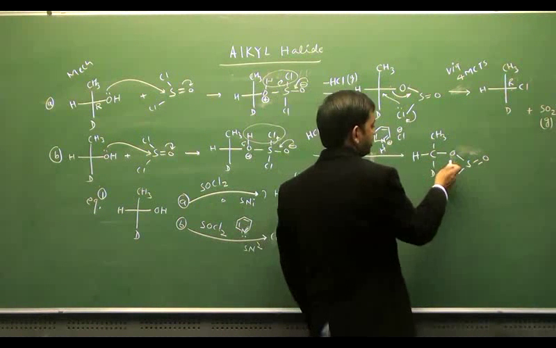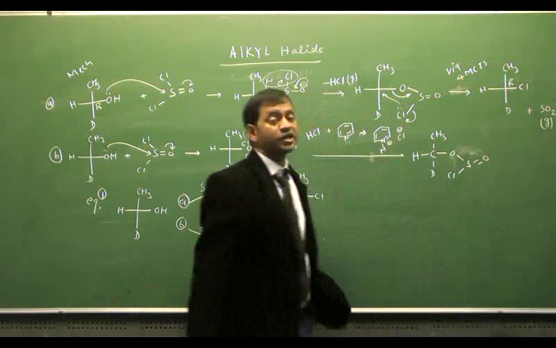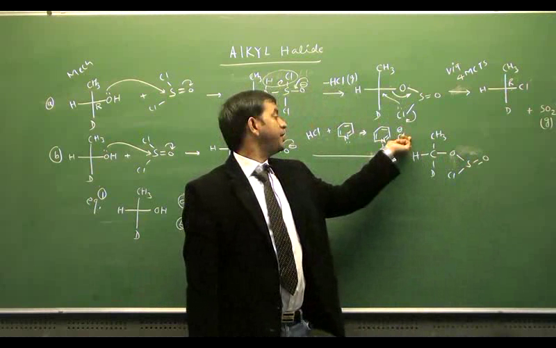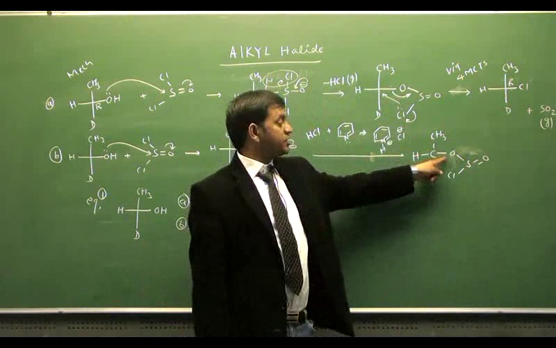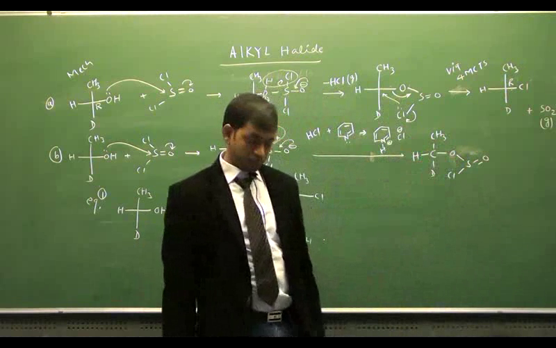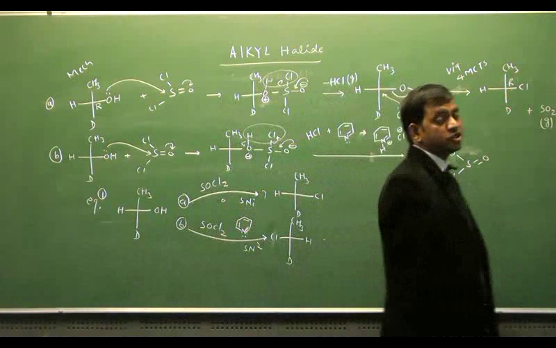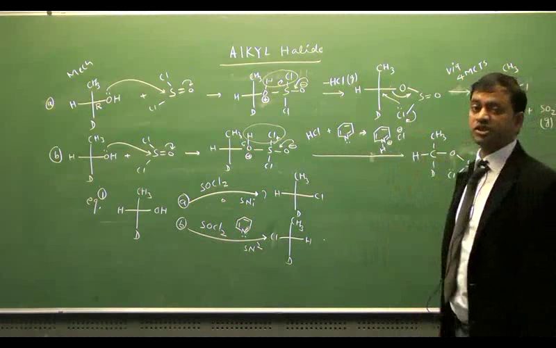There are two possibilities. One possibility, it attacks and removes like SNi. Another possibility, because anionic Cl negative is present, it may attack from the backside and remove. Another thing is nucleophilicity. Neutral Cl is less nucleophilic than the negatively charged one.